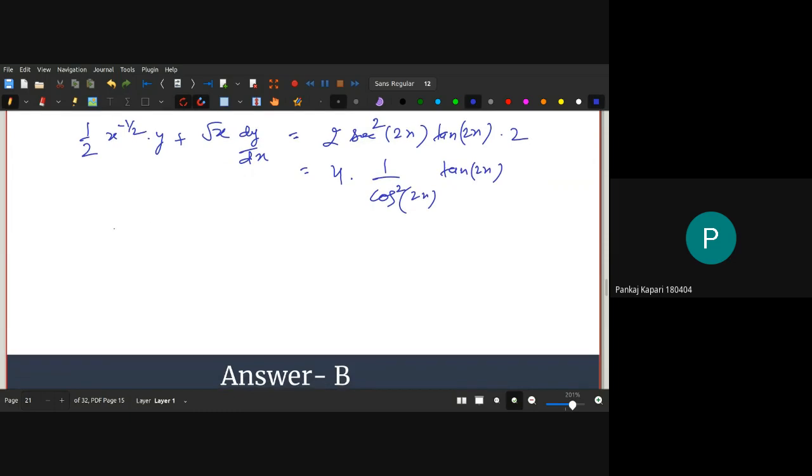On the left hand side, we have half, so twice of under root x. If you multiply the numerator and denominator by root x, then you'll have just x over root xy, right? Plus root x times dy by dx, and this is just equal to this particular thing.